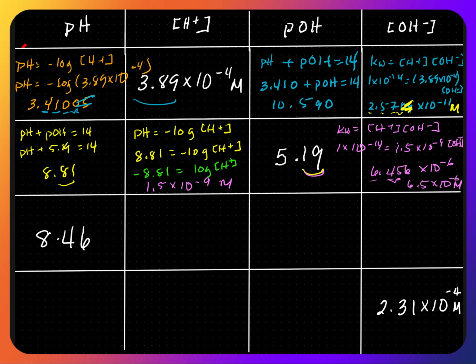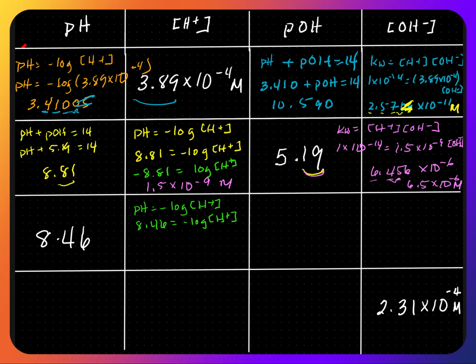For the next one, to find the H plus concentration, we have to use pH. So pH is equal to negative log of H plus. So pH is 8.46 equals negative log of H plus.